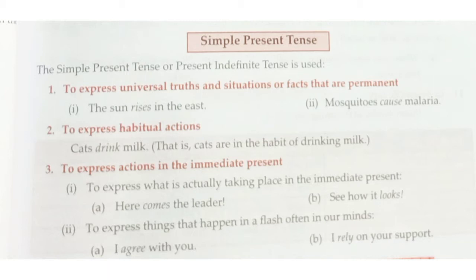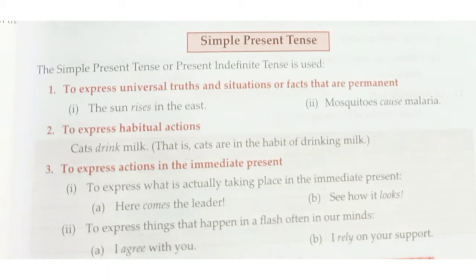For example, the sun rises in the east, mosquitoes cause malaria. It is a permanent fact that mosquitoes cause malaria, definitely. Flies cannot cause malaria, only mosquitoes; that is a fact. So when it is a fact or a universal truth that everybody knows, the tense to be used is always the present indefinite tense.